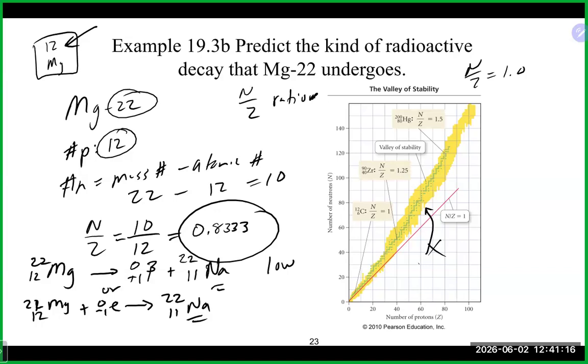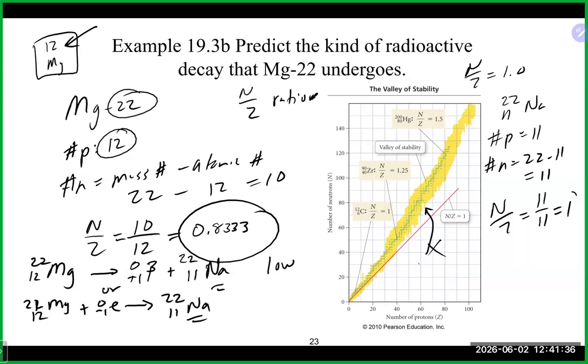Now, did we help ourselves out here? If we take a look at what we just formed, which is sodium 22, the number of protons is 11. The number of neutrons in this case is 22 minus 11, which is 11. And dare I say, my N to Z ratio now looks a lot better. It is a ratio of 1, which actually puts us perfectly stable in this particular case.